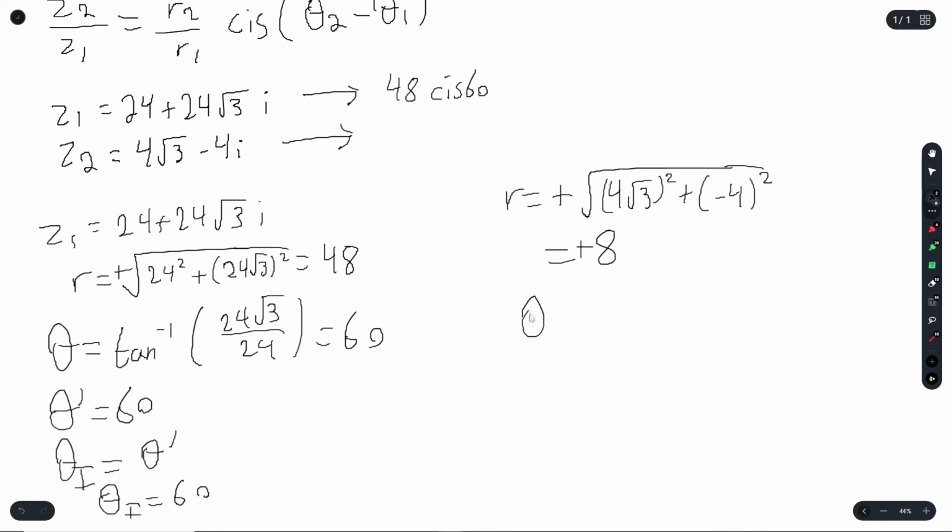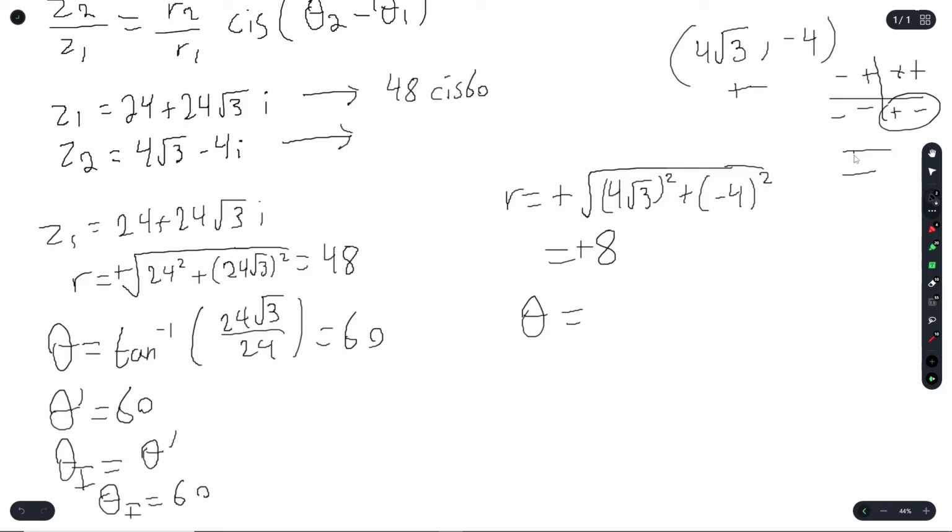Then theta, first we need to determine the quadrant. So it's 4 radical 3 and negative 4. So let's draw the coordinate plane. This is plus plus, this is minus plus, this is minus minus, this is plus minus. Here it's plus minus, so it's quadrant 4.